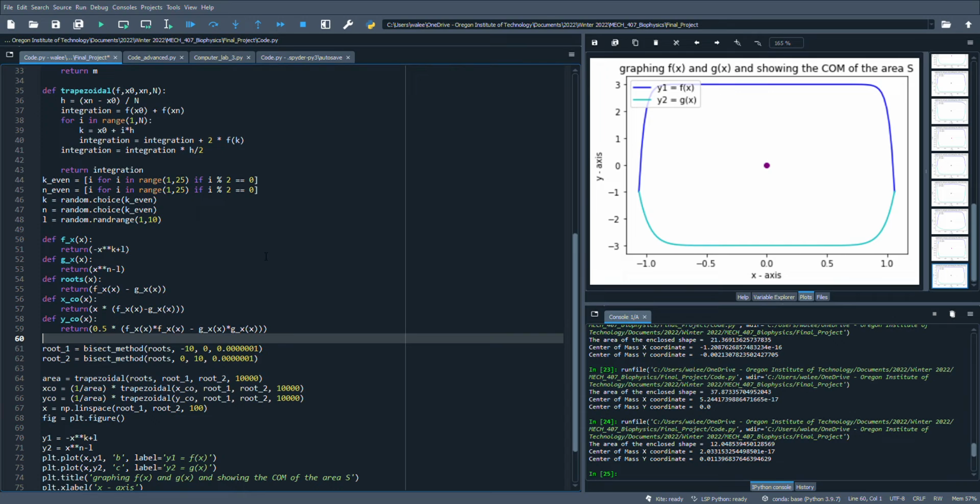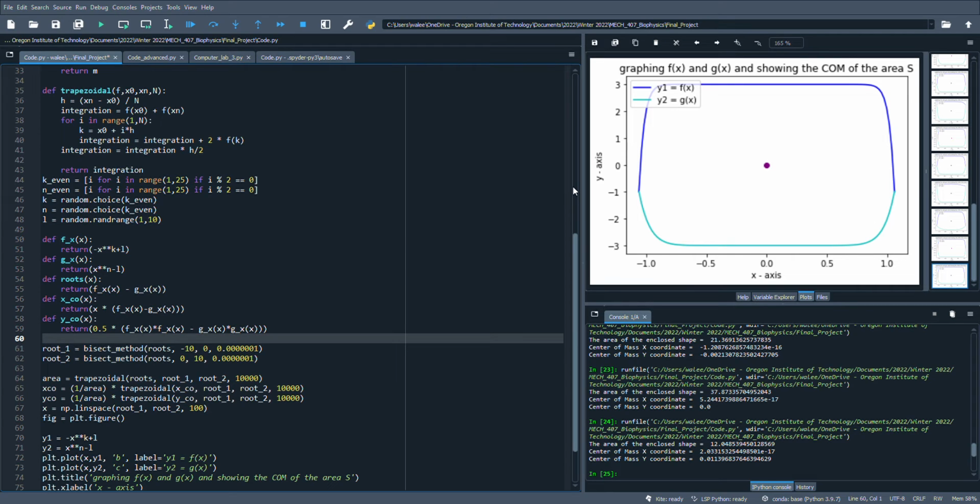And for integration, to get the area, I used the trapezoidal method. In short, the trapezoidal method means that you cut the area that you want to solve for, draw a line on the function between the boundaries, then calculate the area of the resultant trapezoids and sum all the areas to get your area.